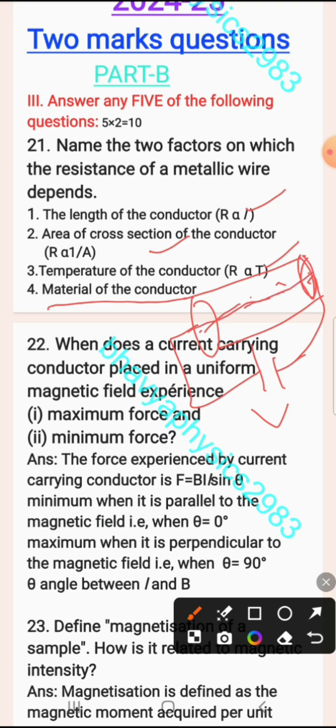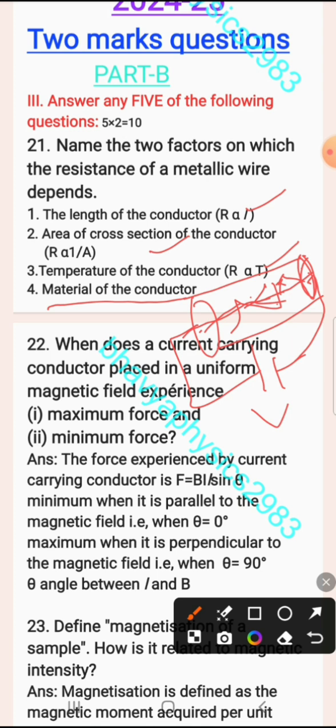Electrons are drifting, and there is a chance of colliding with other electrons, or these electrons may collide with immobile ions. Because of this collision, the movement slows down. This is called opposition or resistance.